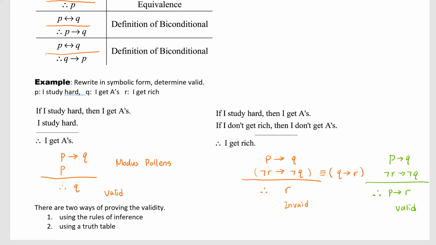Yes, this is valid because P implies Q, and not R implies not Q is the same as Q implies R. So P implies Q, Q implies R, therefore P implies R. This is hypothetical syllogism.